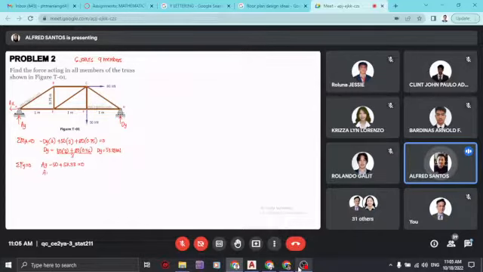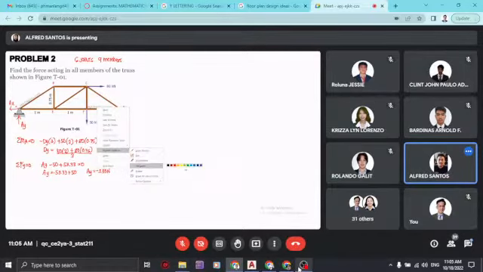So solving for Ay, it is negative 53.33 plus 50, so your Ay is negative 3.33. Ibig sabihin ng negative sign, mali yung inassume natin, so tama ulit natin. So this will become 3.33, this is your real Ay.